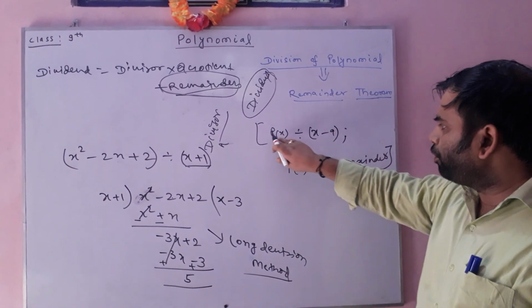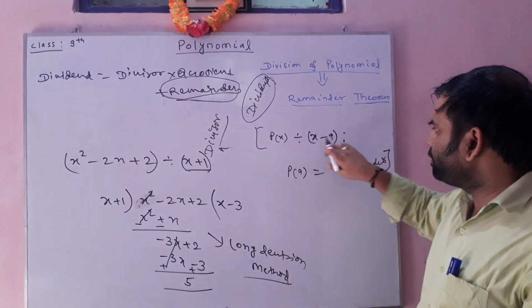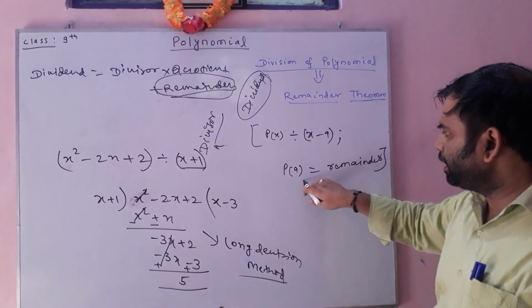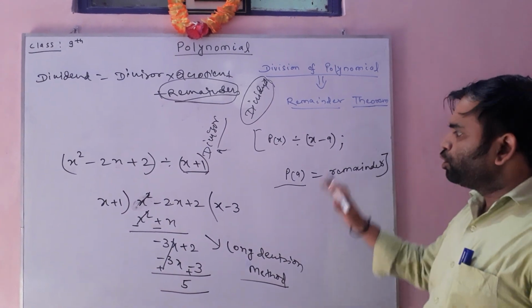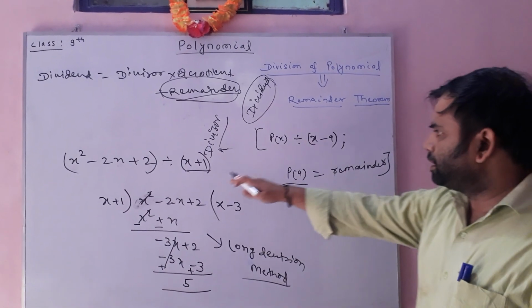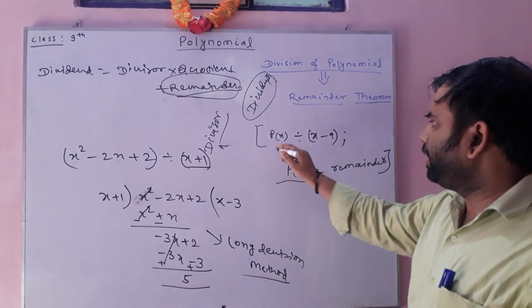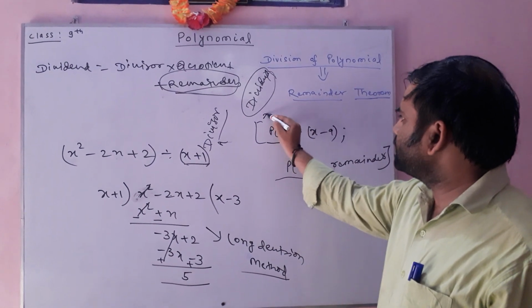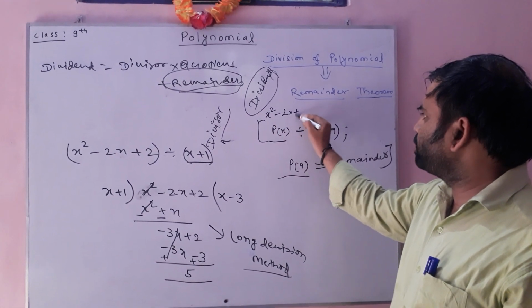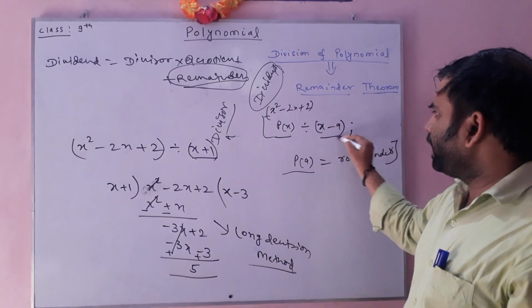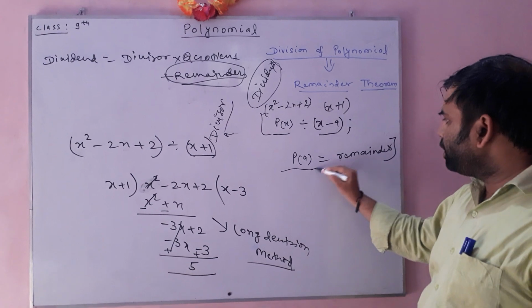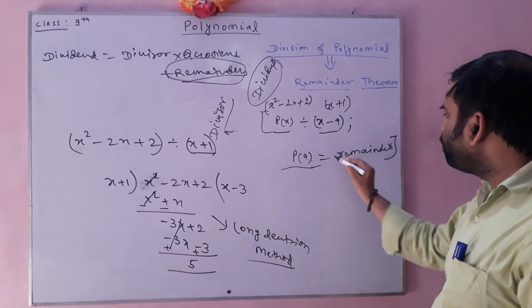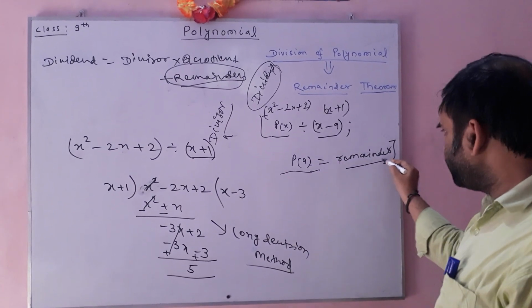Look at this example. Our polynomial in x is x square minus 2x plus 2 and our x minus a is here x plus 1.